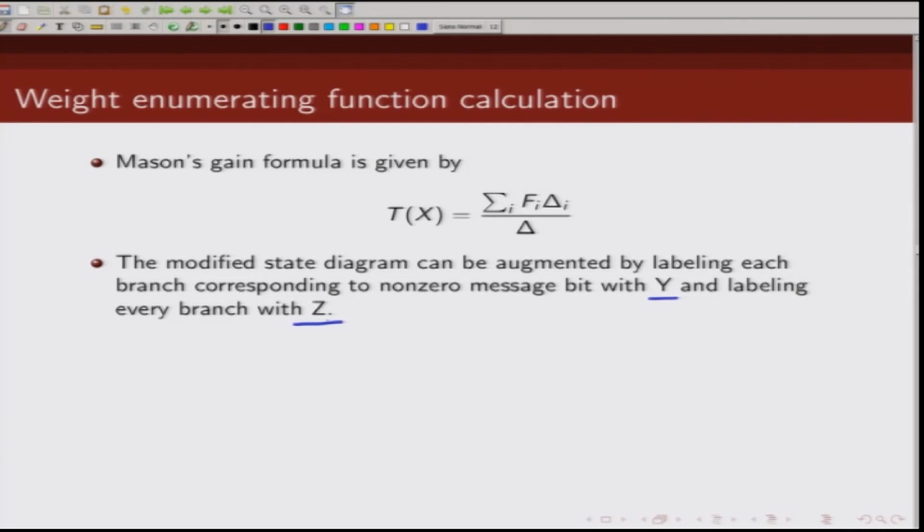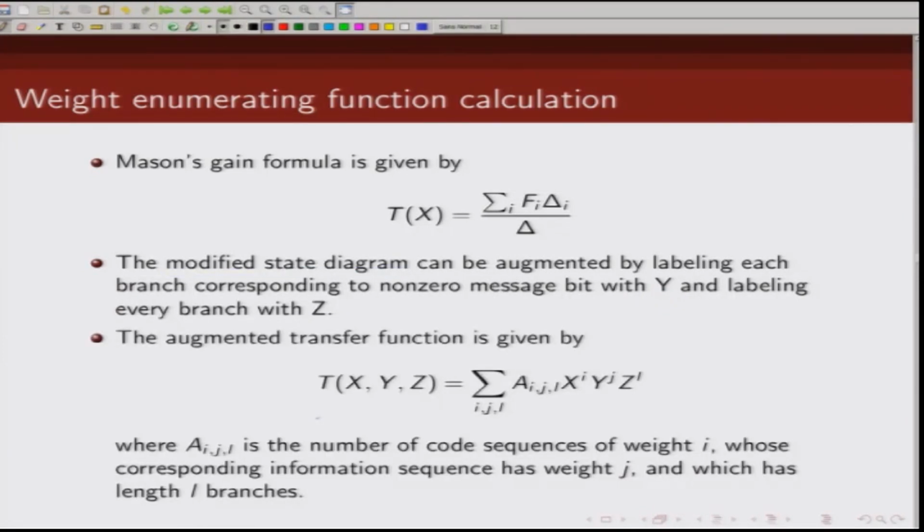So, we can augment our state diagram, what I call a modified state diagram, by adding two additional pieces of information. One is the weight of the message bit, which will be denoted by the power of y, and the other is the branch, which will be denoted by z.